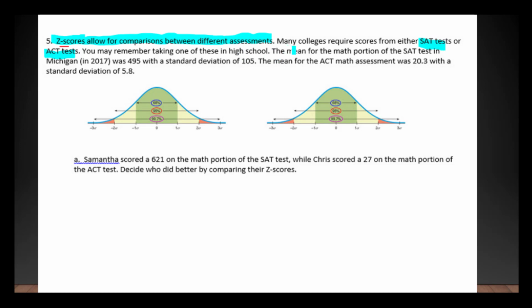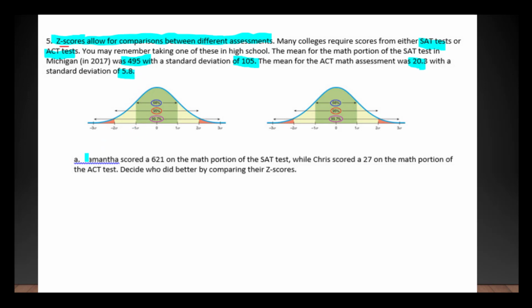So the mean, or the average, for the SAT in Michigan in 2017 was 495 with a standard deviation of 105, where the ACT test had a mean of 20.3 and a standard deviation of 5.8.